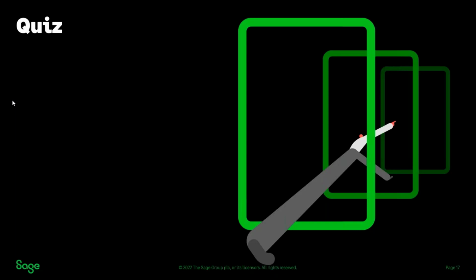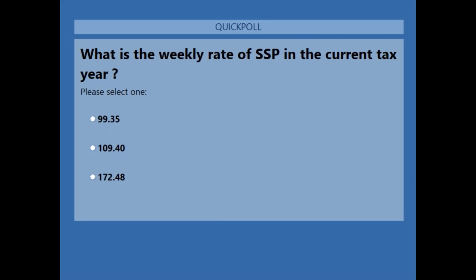All right, so let's bring up the first quiz, and of course, it is all about the weekly rate of SSP. So what is the current weekly rate of SSP in this tax year? Is it £99.35? Is it £109.40?